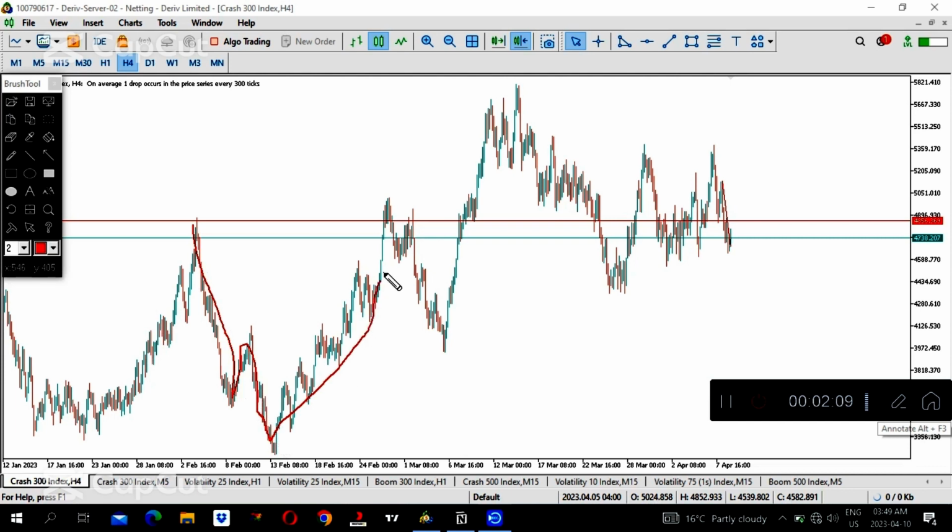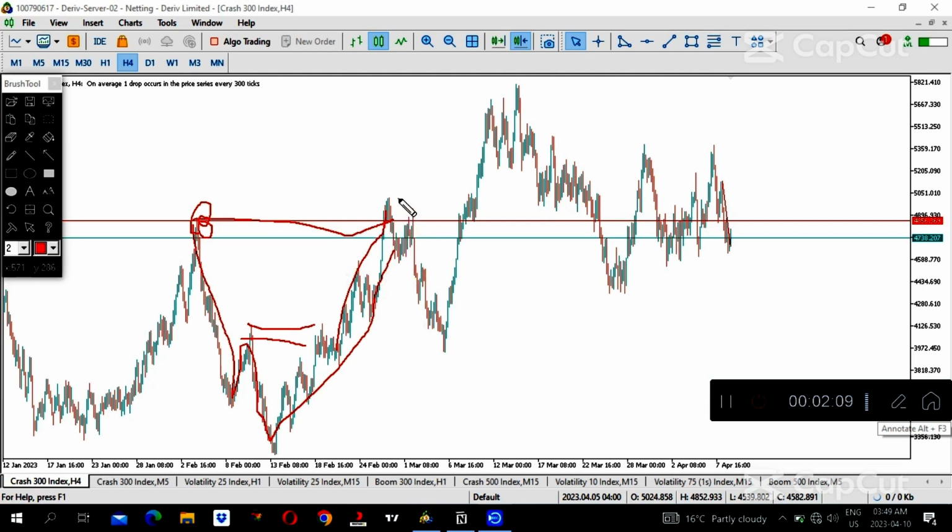And when this resistance point gets broken, I start looking for my buy opportunities. It also slightly breaks this major structure point over here.